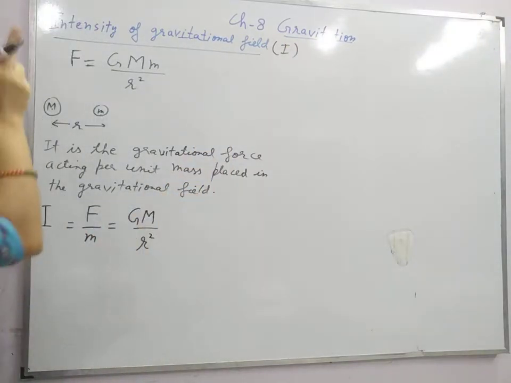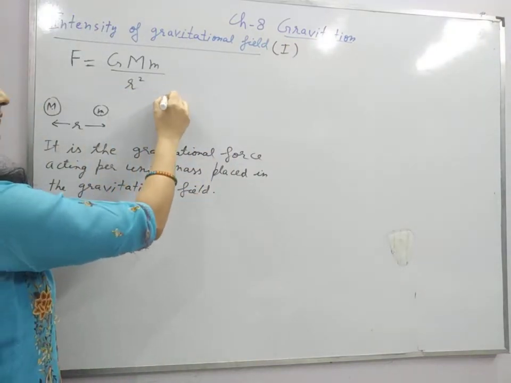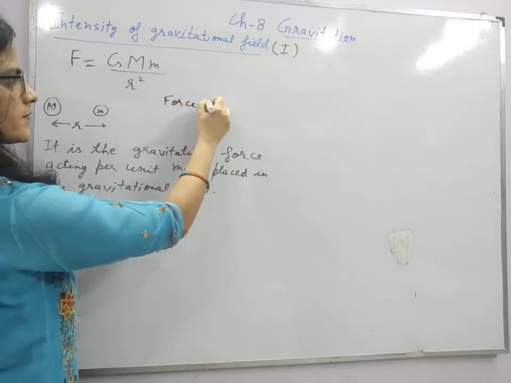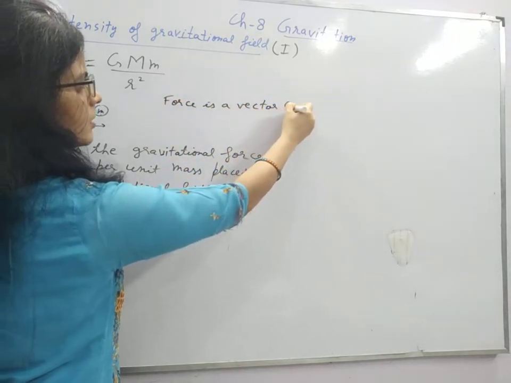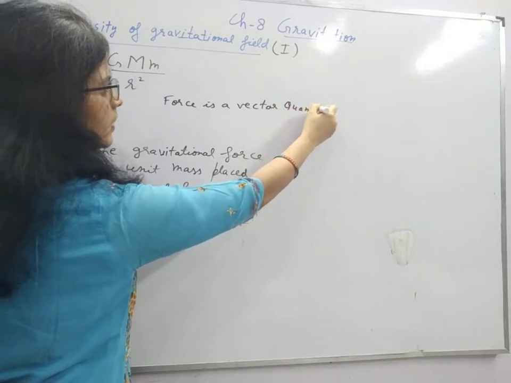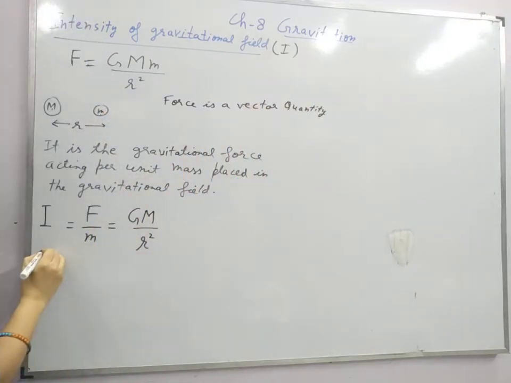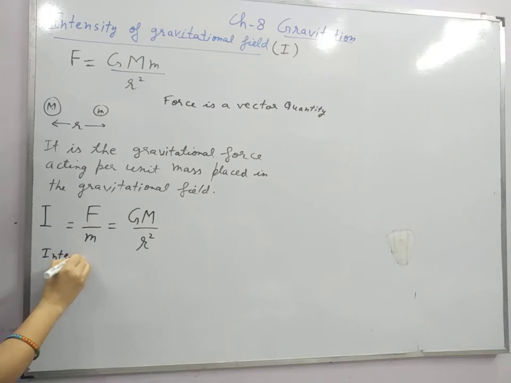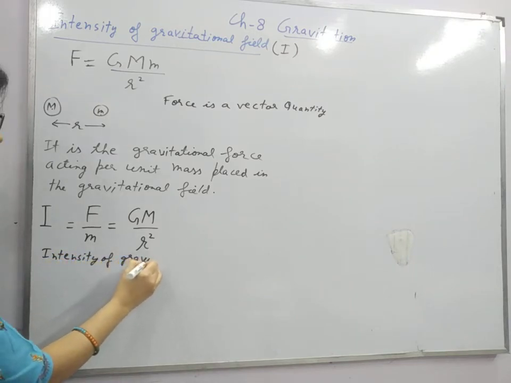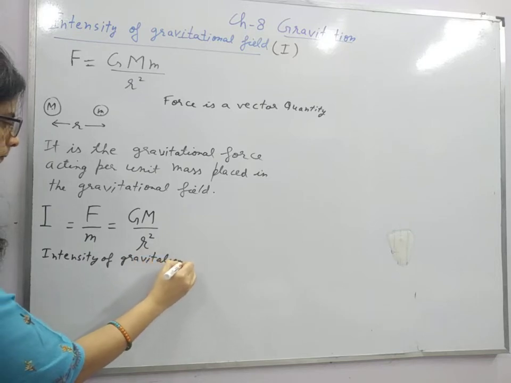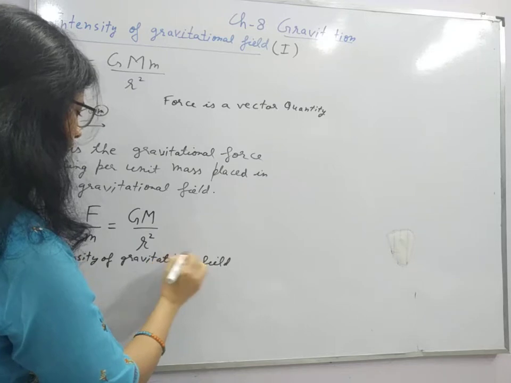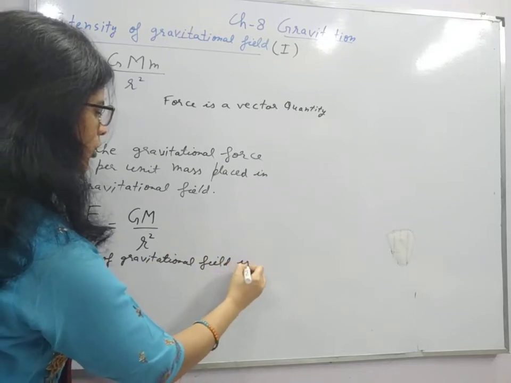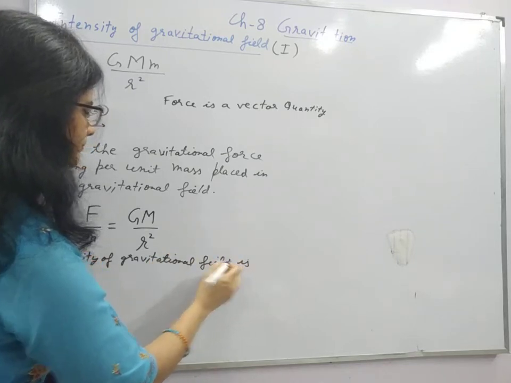So we know that force is a vector. So that means intensity will also be a vector quantity. Intensity of gravitational field is also a vector quantity.